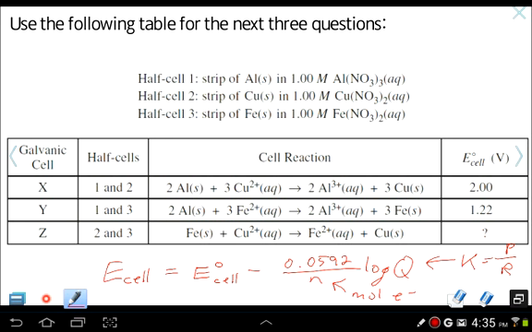This cell voltage is cathode minus anode. And here they want us to take a look at it qualitatively.